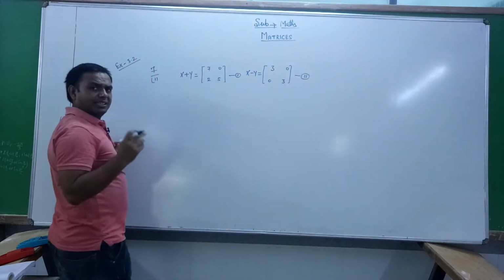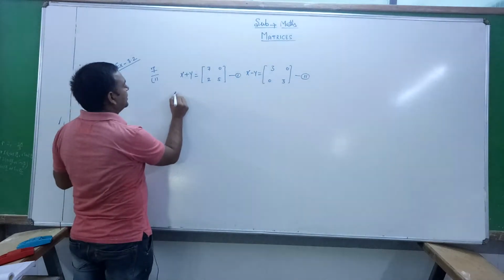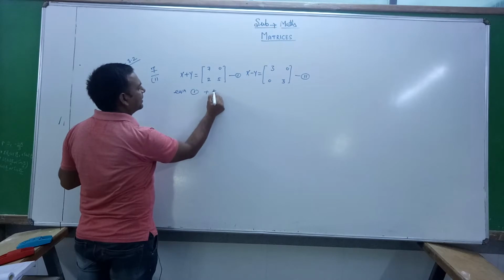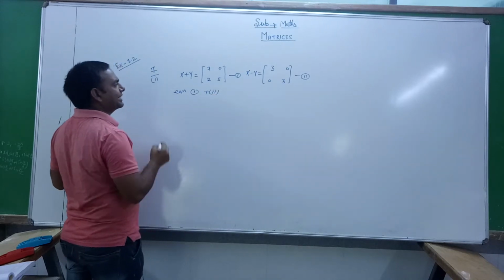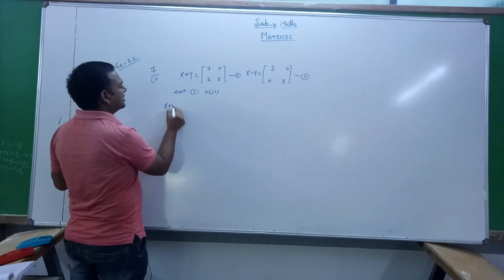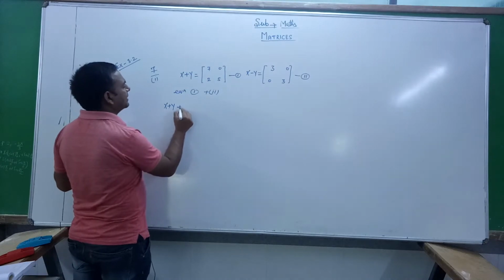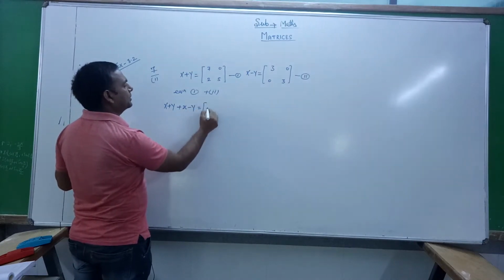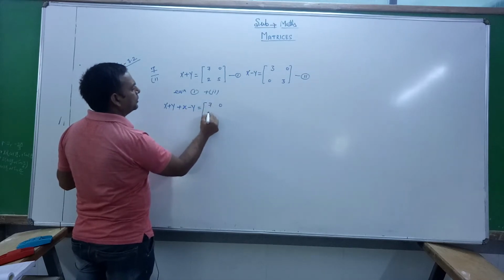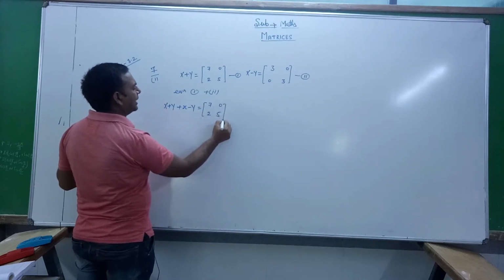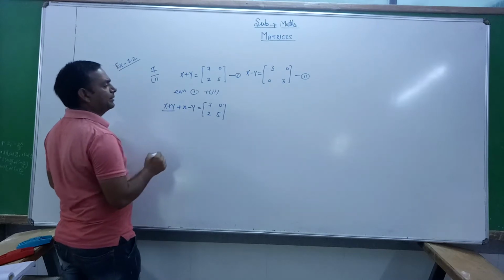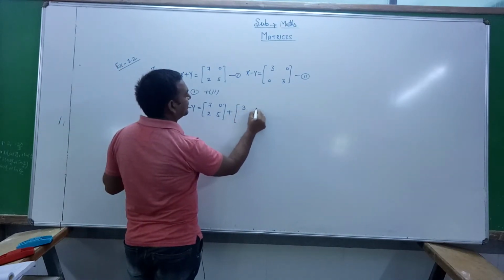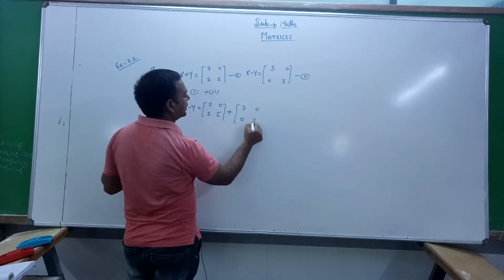I add equation 1 and equation 2. Adding, we get x plus y plus x minus y is equal to the matrix 7 0 2 5 plus the matrix 3 0 0 3.